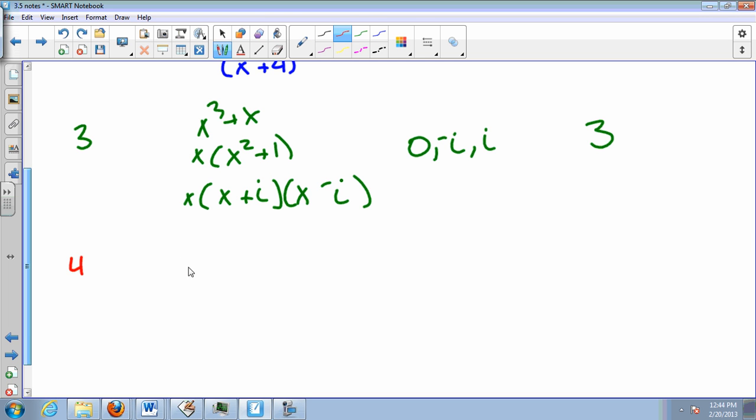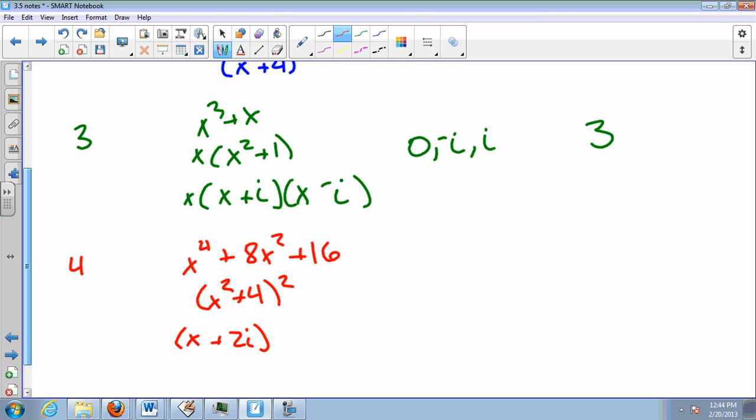For our fourth degree, you could have x to the 4th plus 8x squared plus 16. We actually just did this, it goes to (x squared plus 4) squared, and we get (x plus 2i) squared times (x minus 2i) squared.